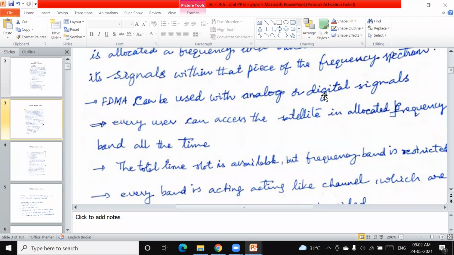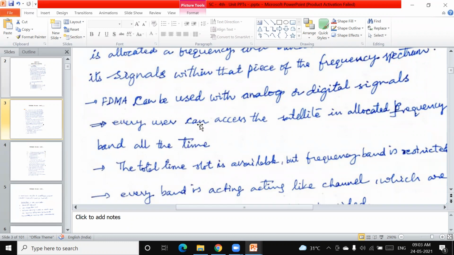So FDMA can be used for transmitting and receiving both analog and digital signals, whereas other techniques are not like that. And every user can access the satellite in the allocated frequency band all the time.